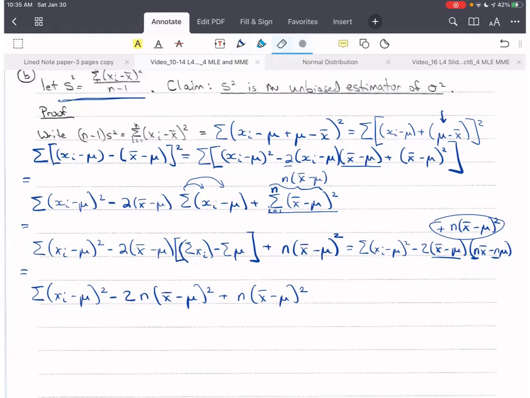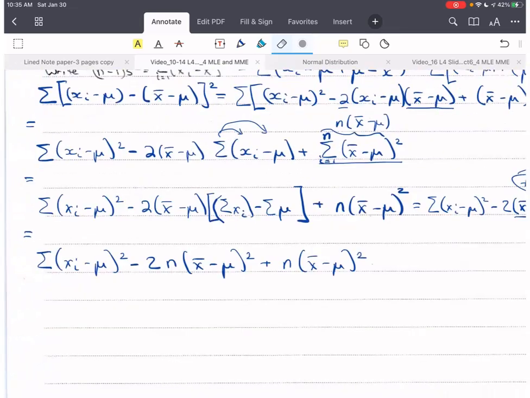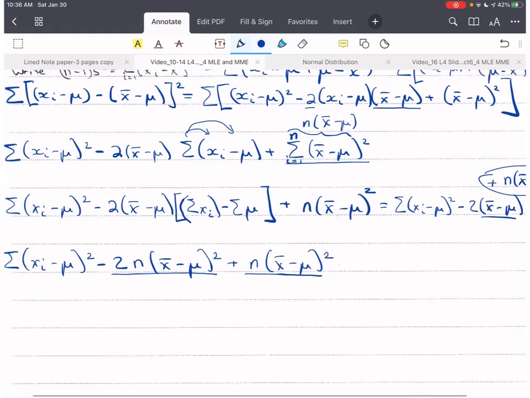So I will get rid of this. And okay, so now we can see that we have negative 2n x bar minus mu squared plus n x bar minus mu squared. So we can simplify this to the sum of xi minus mu quantity squared minus n times x bar minus mu squared.